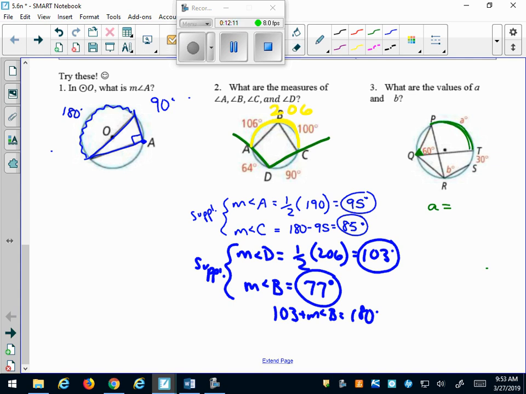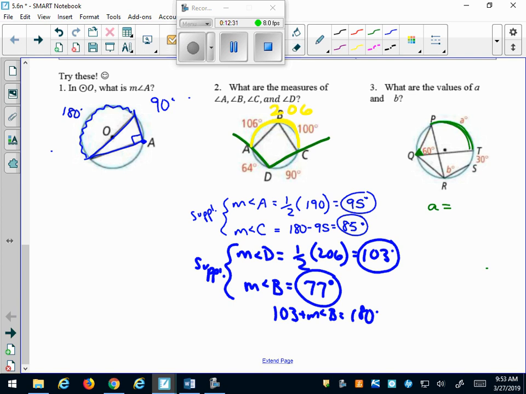Yep. So one of the tricks that I suggest and I allow during a test and everything is taking some index cards on your worksheet that you're doing and using them to cover up everything except the angle you're looking at.